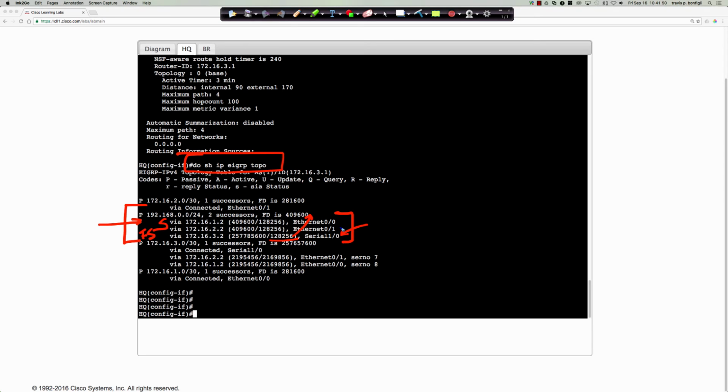However, here in our scenario, the conversation will then continue because we can conclusively say that all 3 of these paths meet the feasibility condition. And so obviously we have our successors, but we have our feasible successors. So condition 1 for unequal cost multipathing using the variance command continues.